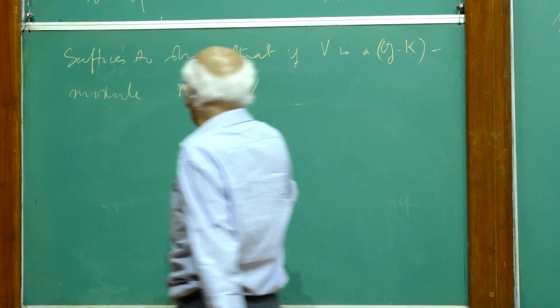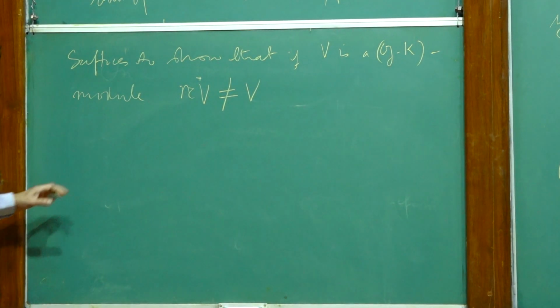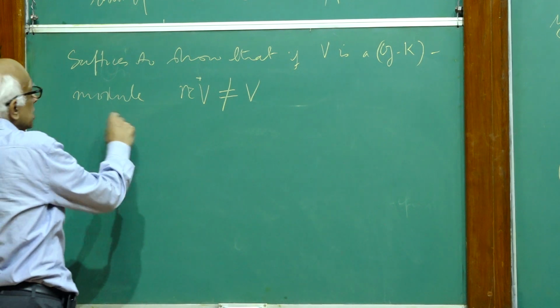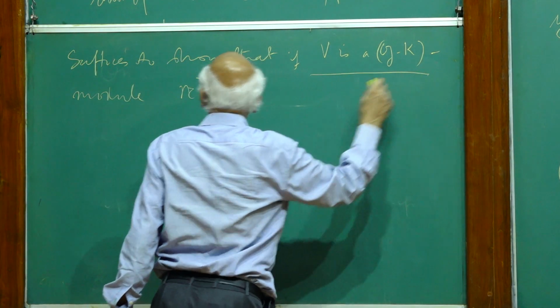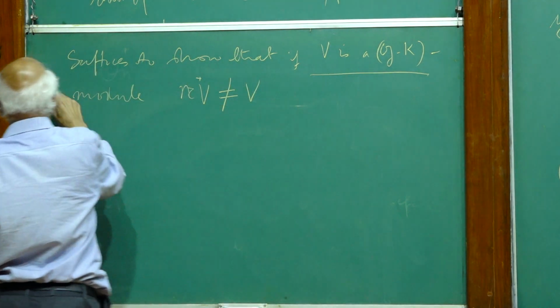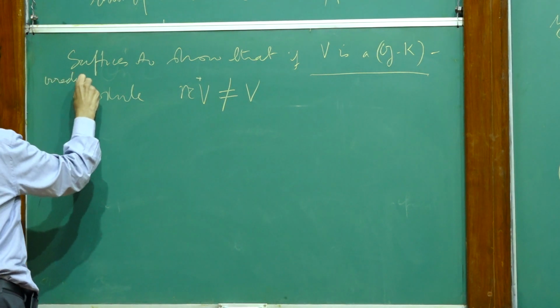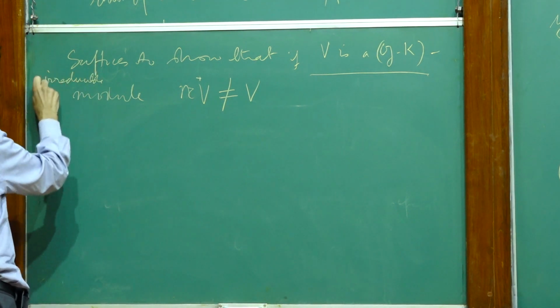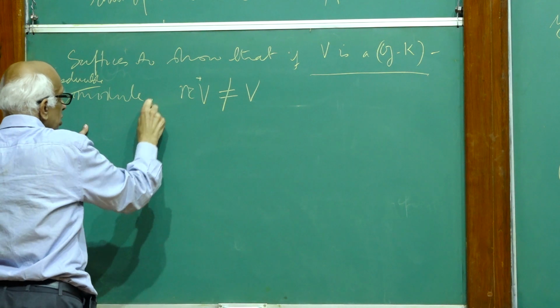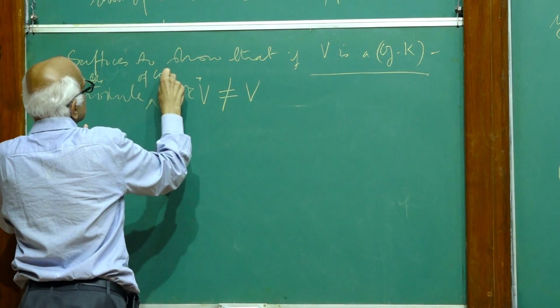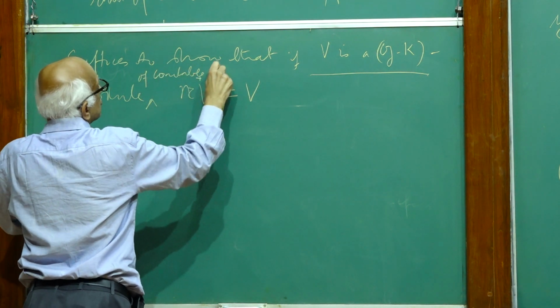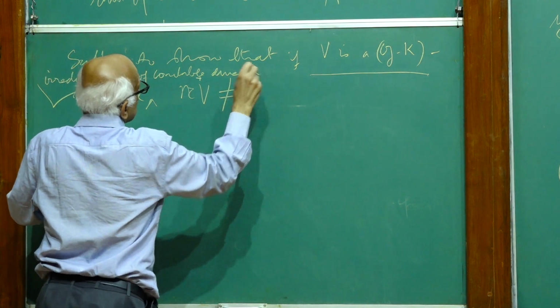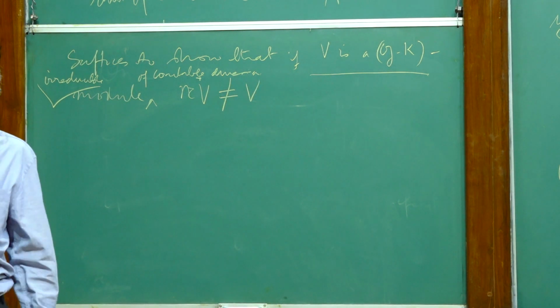So this is what I will prove. So V is an irreducible G K module of countable dimension. This is what you need to prove in a way.